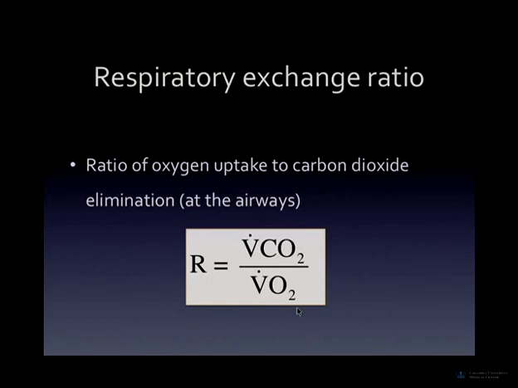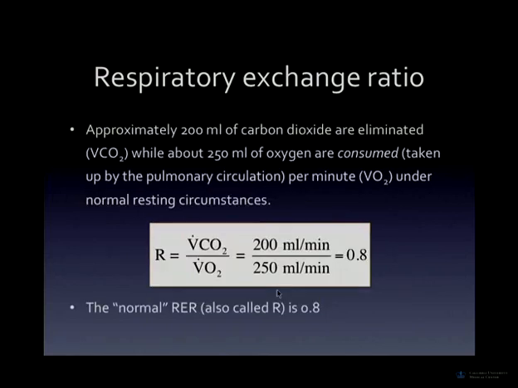Measuring the respiratory exchange ratio isn't easy. It involves capturing exhaled gases and measuring them, but it's a lot more practical than trying to monitor cellular consumption. So this is just the carbon dioxide elimination at the airways over the oxygen consumption at the mouth.